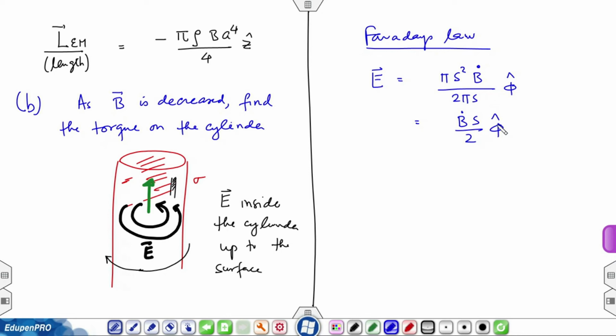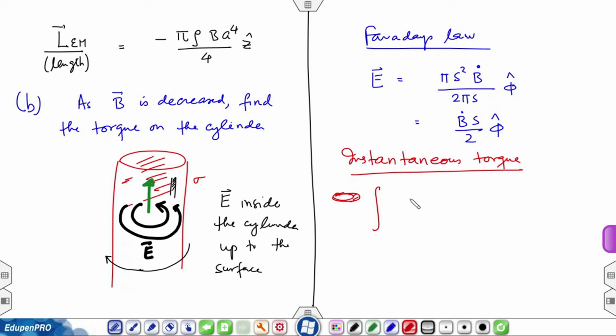So, instantaneous torque, which comes due to two contributions, is going to be force on the cylinder inside. So, I will divide the cylinder into small shells of radius s.